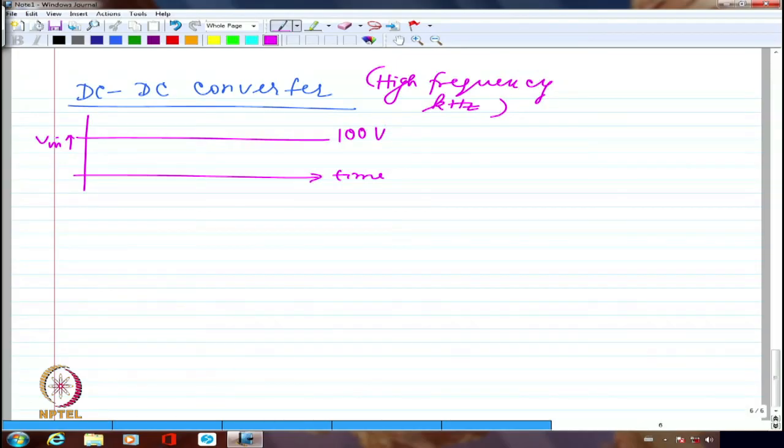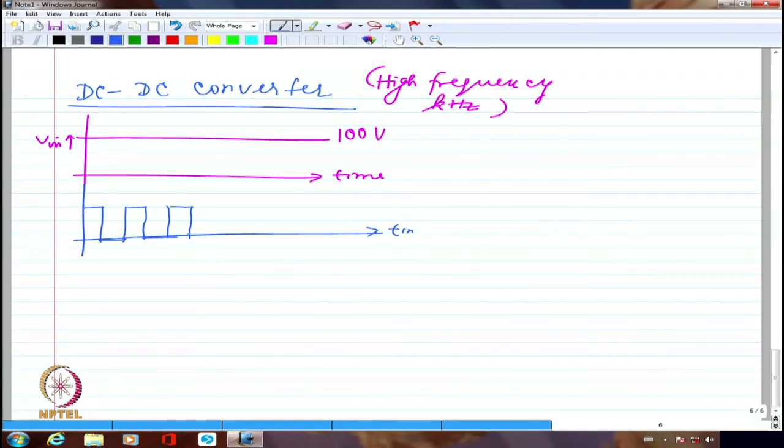If I apply 100 volts for 50% of the period and for the rest of the 50% I don't apply any voltage, so I am essentially looking at a voltage somewhat like this. I apply it for 50% of the time, I don't apply it for the other 50%. Again I apply it for 50% of time, and don't apply it for 50%. Like this, I repeatedly do this. So I'm doing on-off control, basically, nothing else.